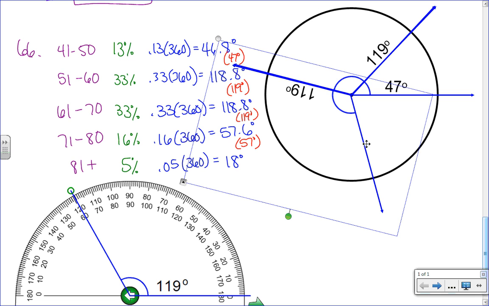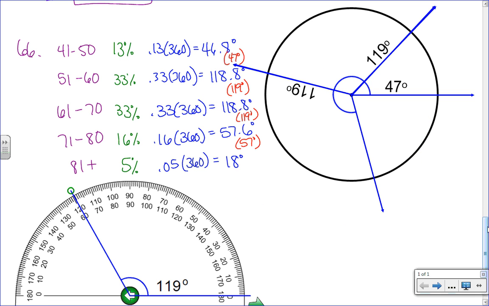Okay. And then the next one is 57 degrees.